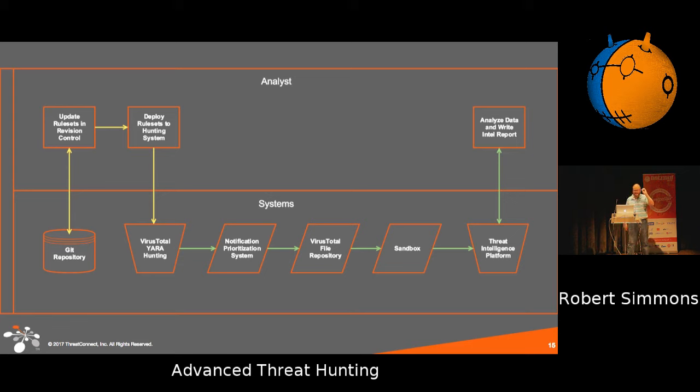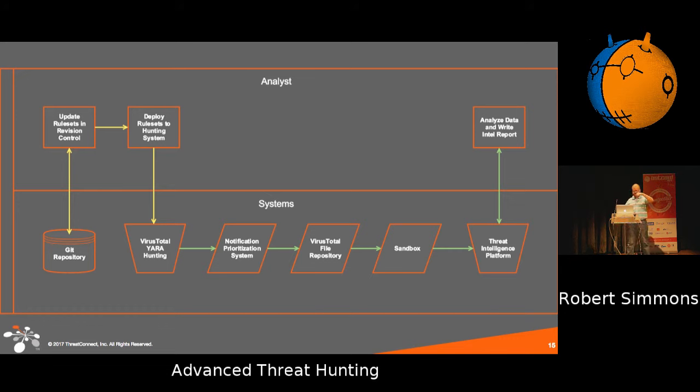That's a request that I made long ago, which hasn't been satisfied yet, but if anyone from VirusTotal's here, go ahead and take this as a feature request. So you download the rule sets from the hunting system, which was a feature that I did request and they did put in. So the ability to download your rule sets, you're welcome. That's a feature request I put in years ago.